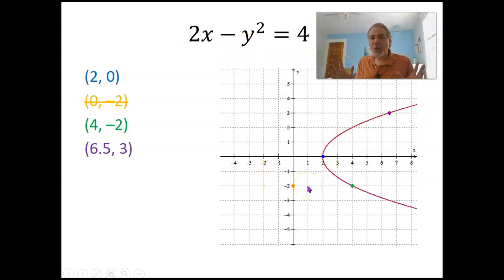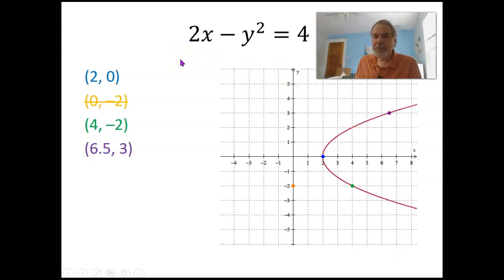So the graph of an equation is made up of all the points whose coordinates are solutions to that equation. For every point on this parabola, every point on this curve, if we plug in the x and y coordinates of that point, 2 times x minus y squared will equal 4. It works for (2, 0). It works for (4, -2). It works for (6.5, 3). It does not work for (0, -2), which we said was not a solution to that equation.